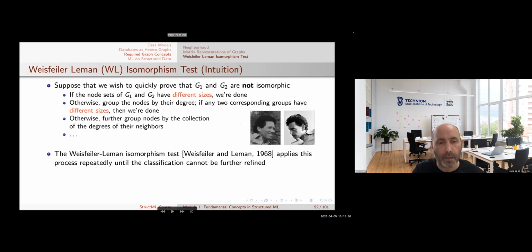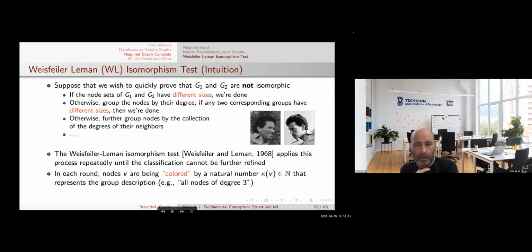And that's basically what the algorithm is doing, invented by Weisfeiler and Lehman. There's an interesting story around the two, and I invite you to go and read about them. And the general idea of this test is what we've seen here.